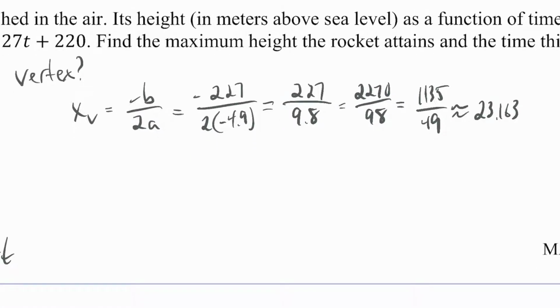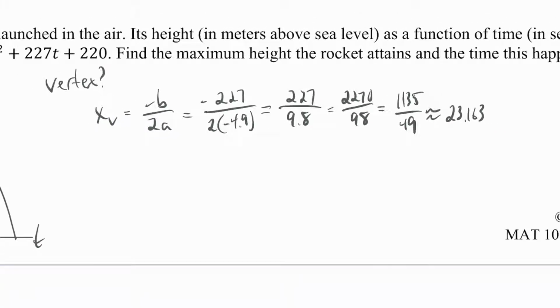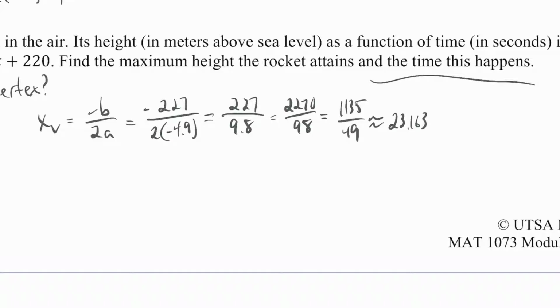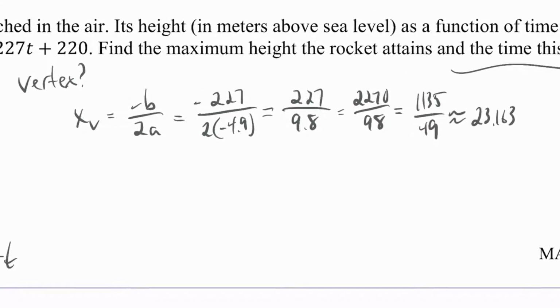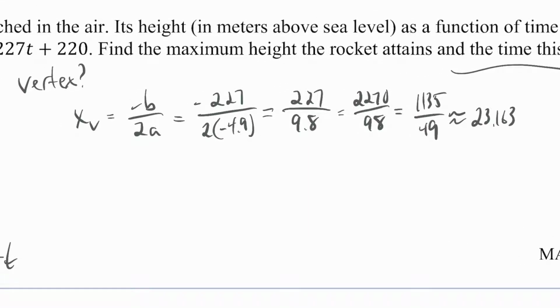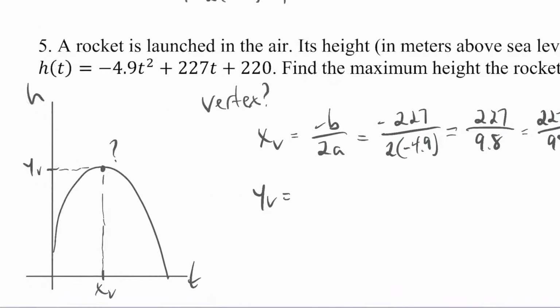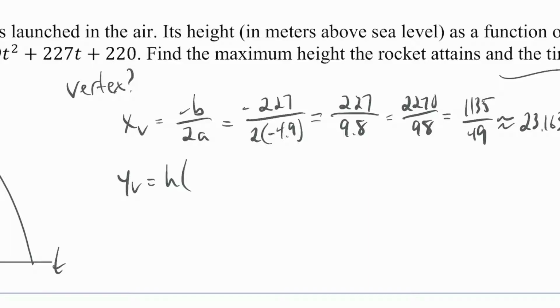So now I want, that's the when this happens, right? This is the horizontal. So what is the maximum height? Well, that's going to be the y coordinate of the vertex. That's going to be h of 1135 over 49, right?